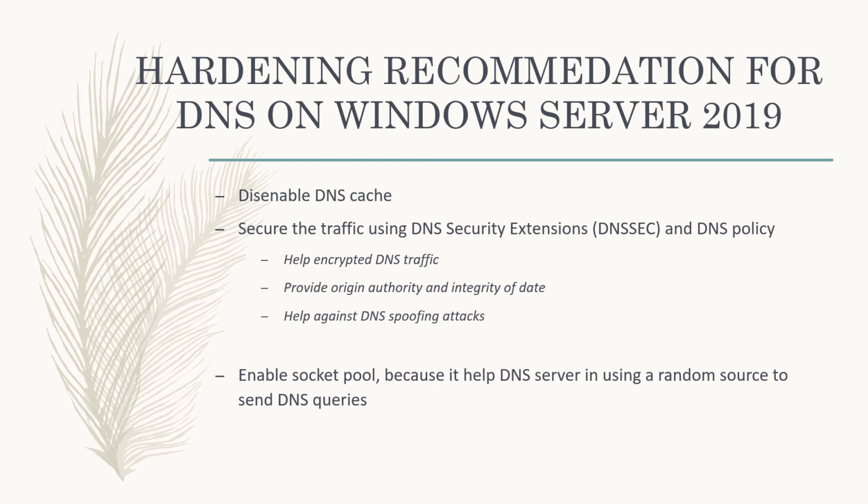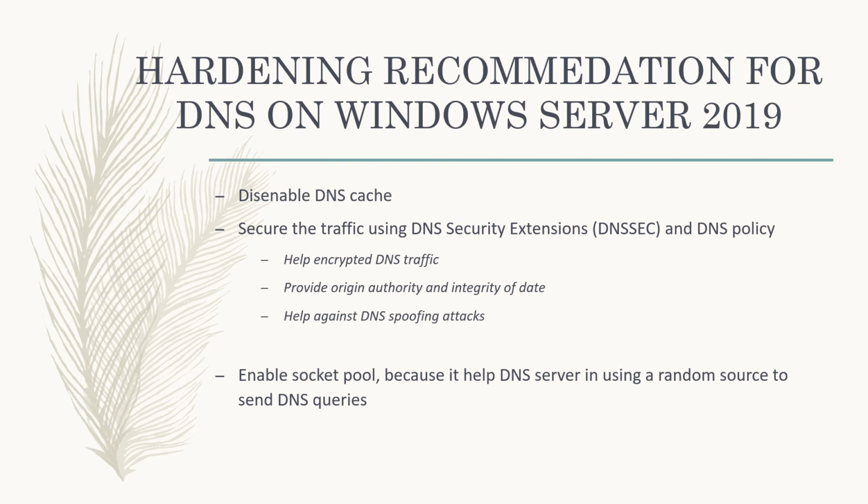You also have to secure the traffic. You have to secure the DNS traffic using DNS Security Extensions and DNS policy. It helps with the encryption of the DNS traffic. It provides origin authority and integrity to data. Sorry, I put date, it's supposed to be data. And it also helps against DNS snooping attacks.